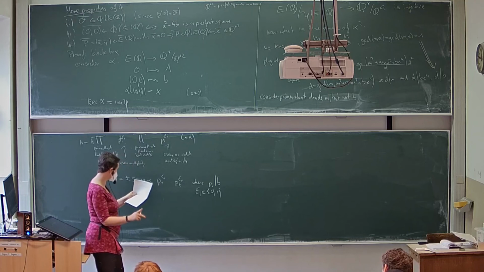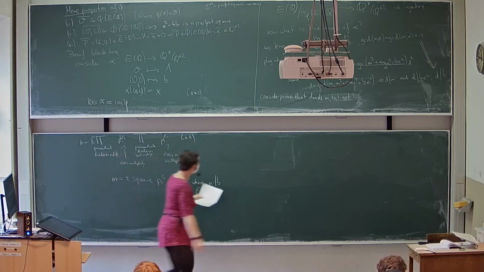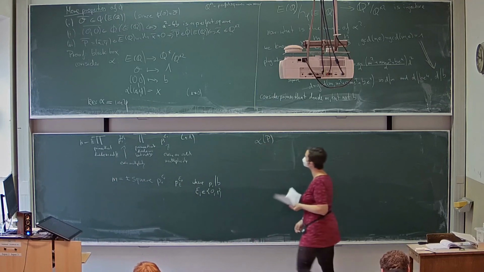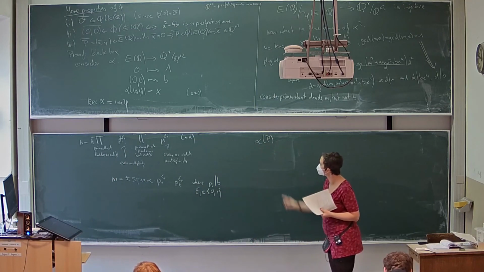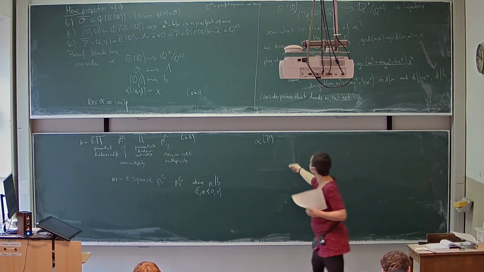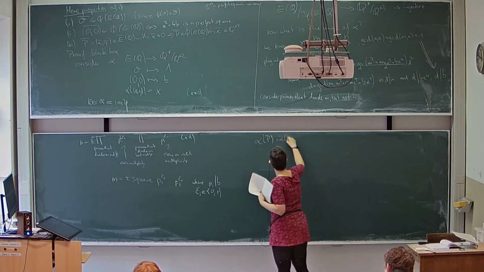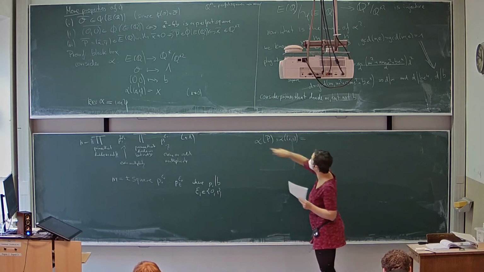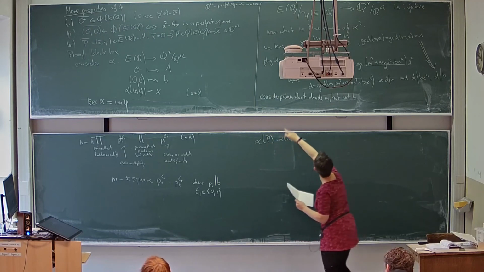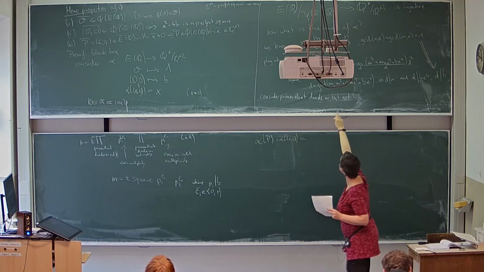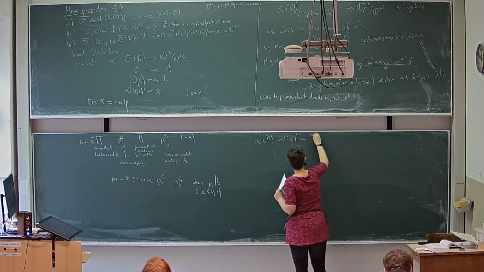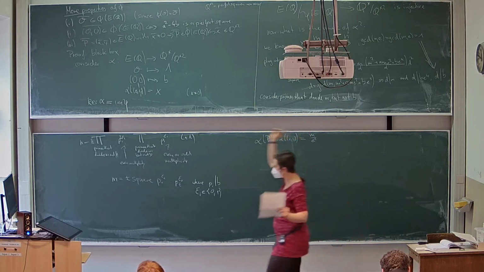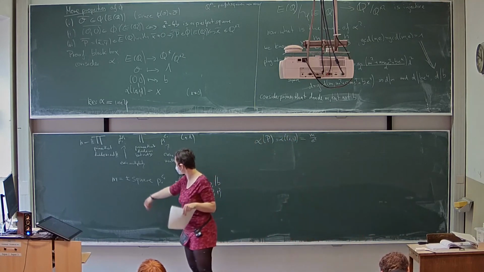So what we have now is that we can look at what is alpha of P. If P is (x, y), so this is x modulo squares, but x was m over e squared.